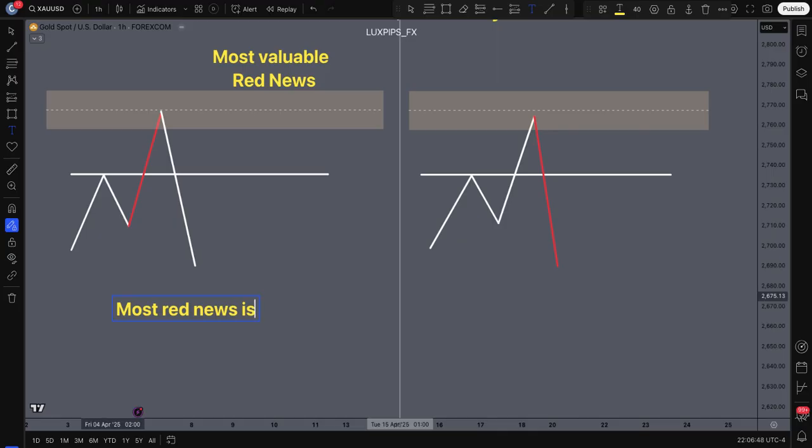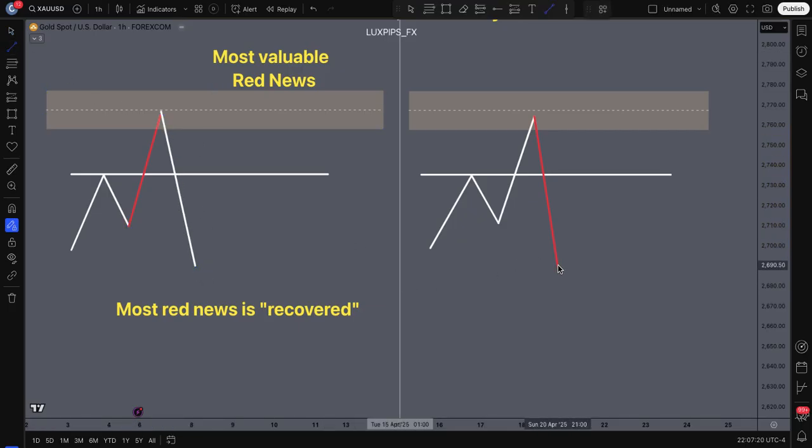I'm not sure if other people use this term, but I like to use the term recovered. Because red news is really a liquidity void. It was a news that pushed the market, and of course the market does what? It seeks equilibrium. It seeks buy side and sell side offers. So most of the time, the red news is going to be filled.